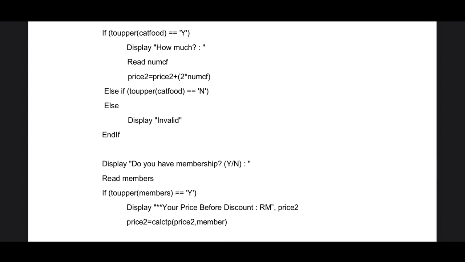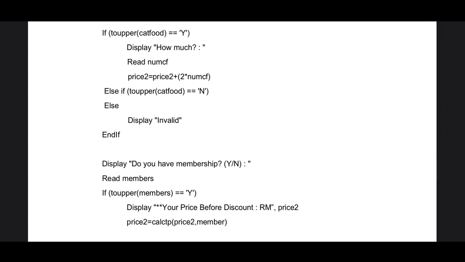Next, if the cat food is equal to Y, which is yes, it will ask how many sticks of cat food the user wants. And the calculation of the cat food starts, which is 2 ringgit times the number of sticks the customer asks for. But if it's N, which is no, it will proceed to ask the user for the membership. Else, it is invalid.